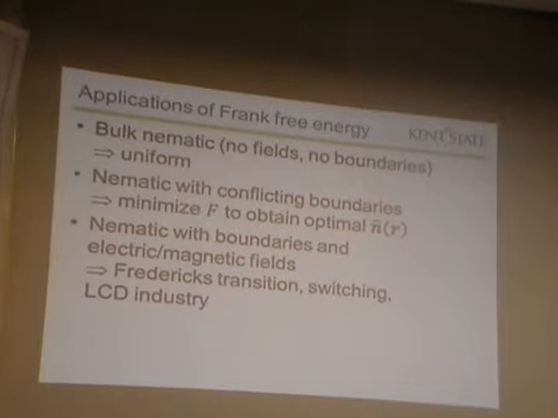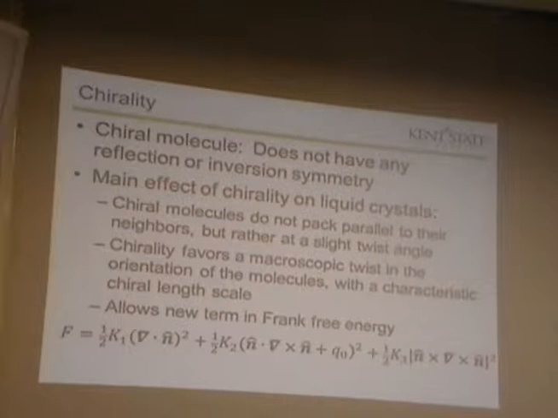But I want to talk about something different for the rest of this lecture. What I want to talk about instead is how to get richer systems just in the bulk, not specifically with boundary conditions or that kind of thing.